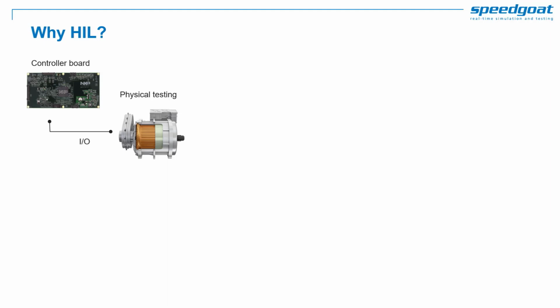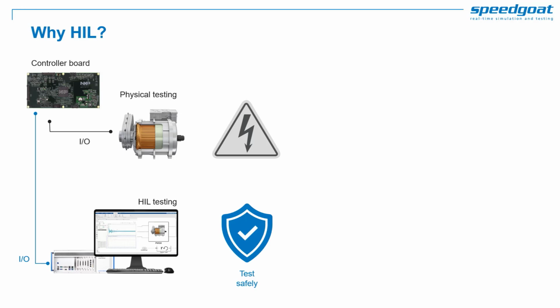For many teams, the next logical step is connecting these control units to the physical plant, like a real power inverter and electric motor. But this may neither be the smartest nor the safest thing to do. When energized, these are dangerous systems, and you might not want to mess around with early-stage controllers. So it makes sense to minimize the risk of damaging equipment by testing your control with a virtual HIL setup first.